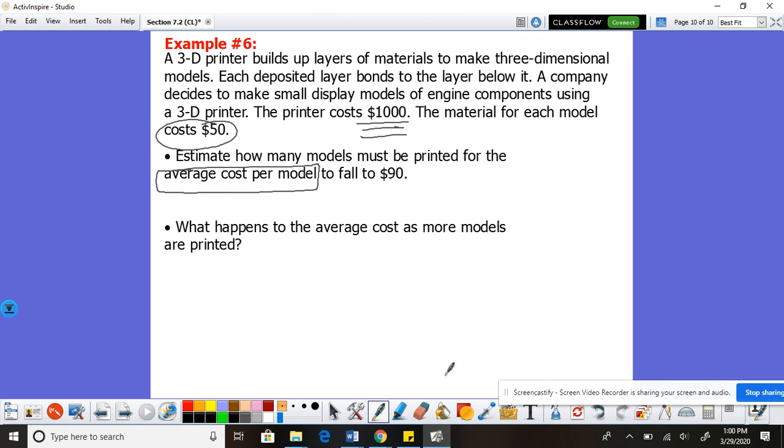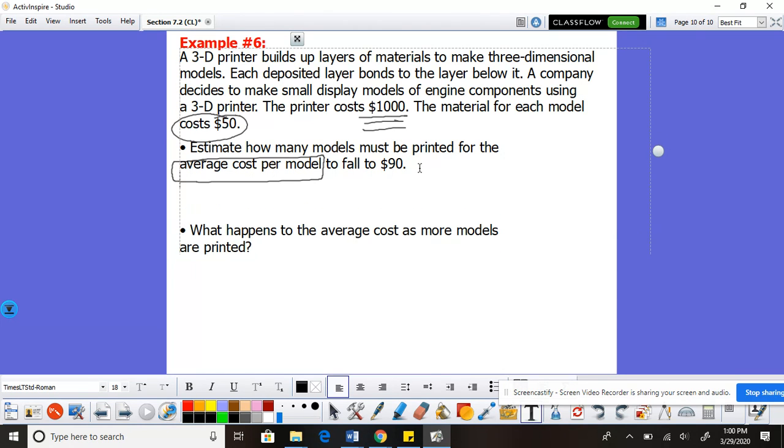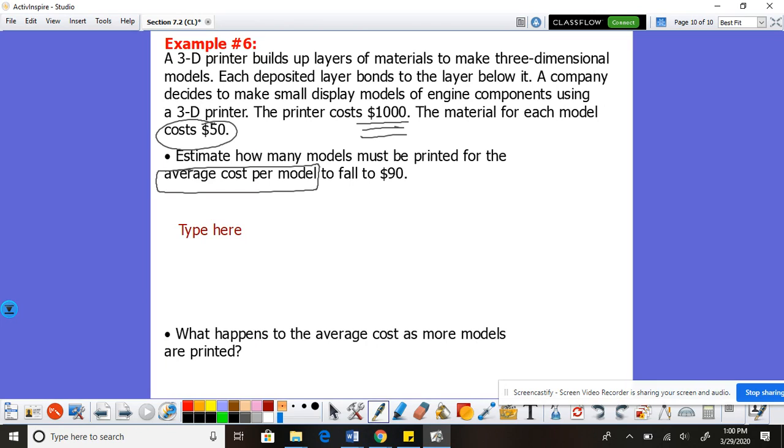Let me see if I can give myself more room here. All right, let's put this in words first. The average cost per model is just how much we've spent over how many we've sold.